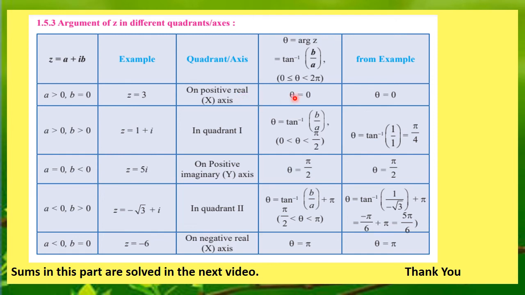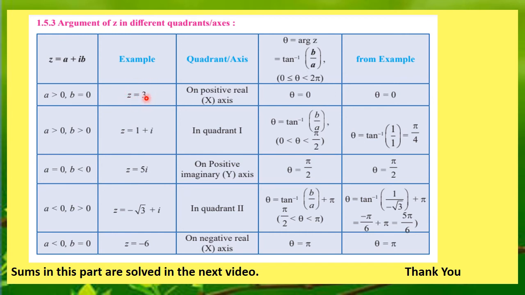Or you can substitute the values also: tan inverse b upon a, b is 0, so 0 upon 3. So tan inverse 0 is equal to 0 in this case. After calculating we get theta is equal to 0, and from the example we can see that theta is 0 because the point lies on the x-axis.